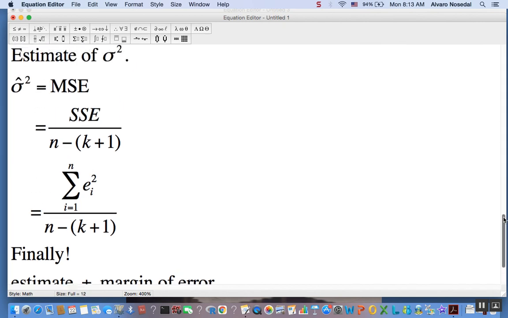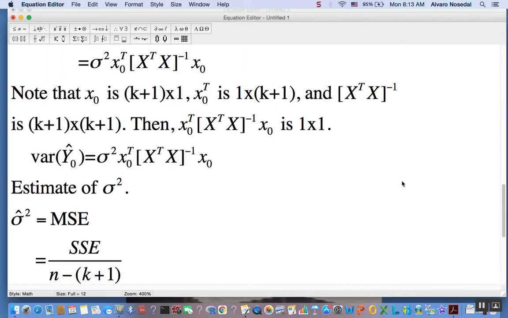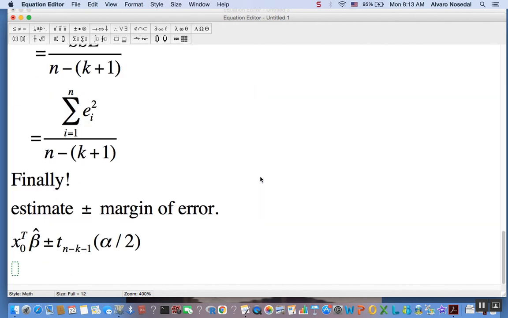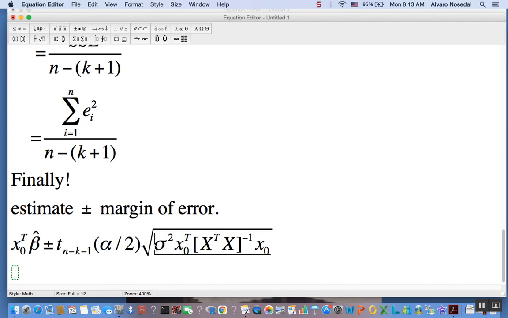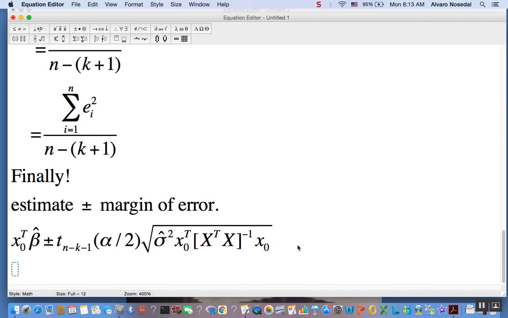The variance of our point estimator is going to be this, but we need the standard error, meaning we need the square root of that guy. And since we don't have sigma, we have to estimate it. Makes sense?